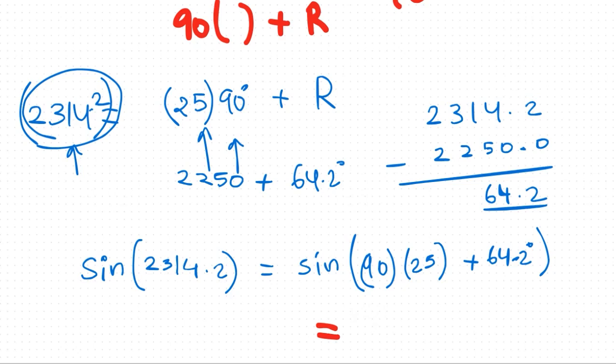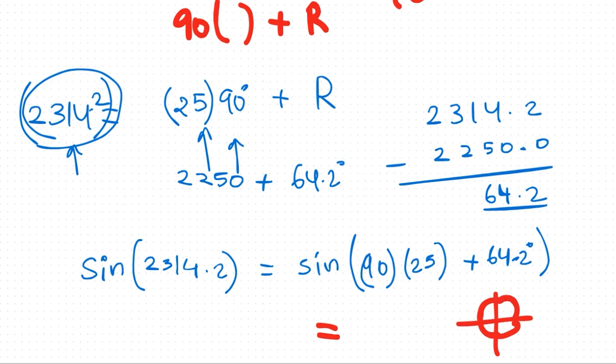Wouldn't it be in quadrant 4? Okay, we can look at it like this. 90 times 1, 2, 3, 4. Oh wait, no, it's in the second quadrant.